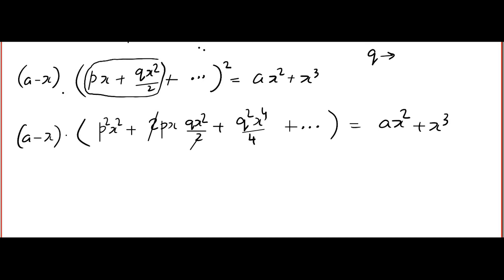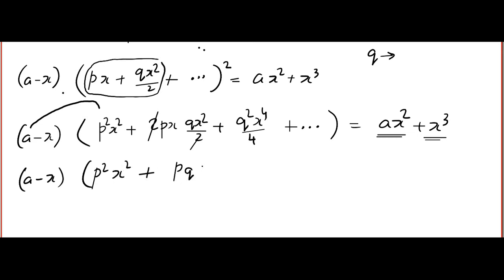Now I am going to cut all the steps and make it very compact. So you can see that the right side has x square and x cube. And I think I'll write one more step. Let's make it a little bit neat. p squared x squared plus pq x cube, that will be enough, plus etc. is equal to a x square plus x cube.